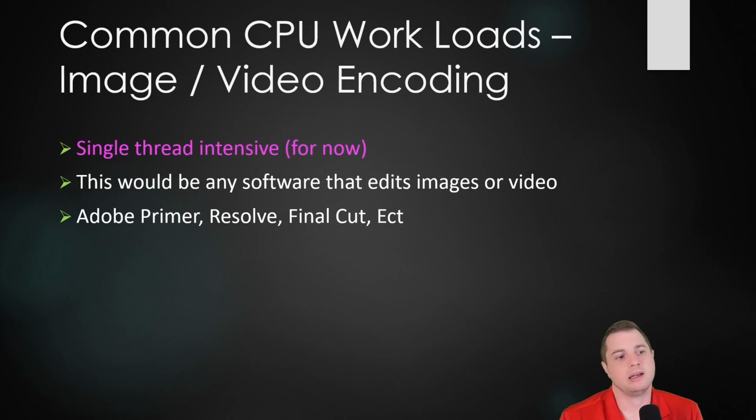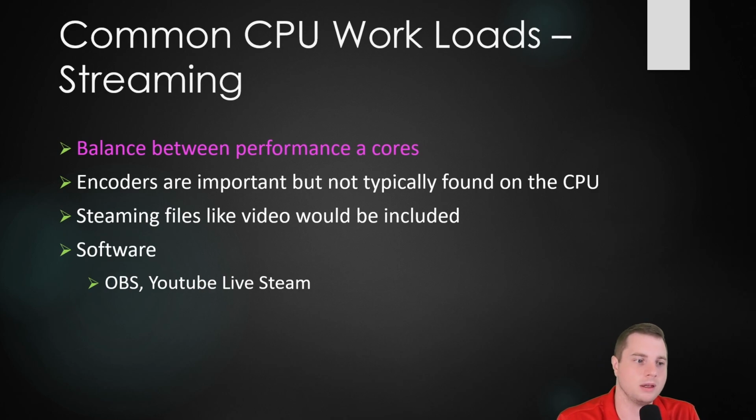But generally speaking, for now, it's still single thread intensive for image and video encoding. Streaming, just talked about it. If you're doing a streaming system that does the actual encoding and playing the game, you're going to need a balance between cores and speed.